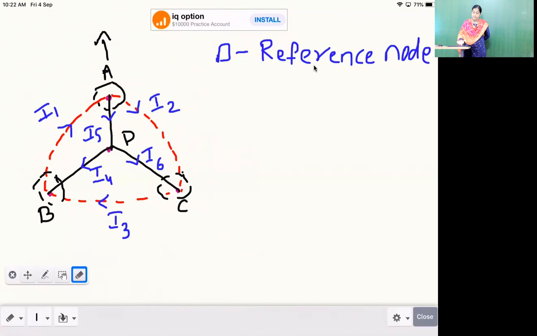So let me rename this particular node as P.